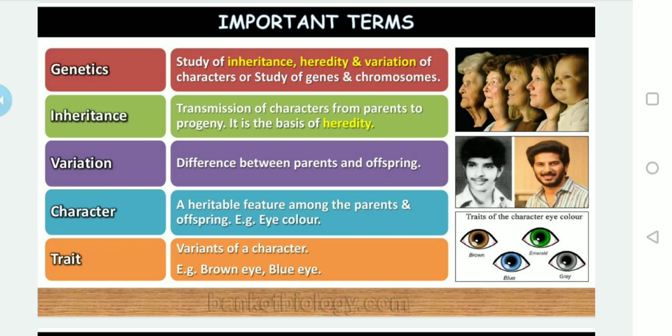Then the variations. Sometimes, if you compare yourself with your parents, you are somewhat similar to your father, or to your mother, or to your grandparents. In these cases there is no doubt. But in some cases the children, or the offspring, look different when compared to their parents.